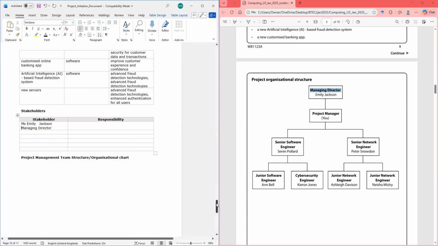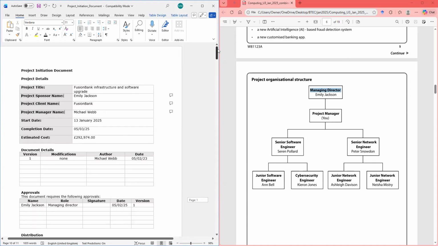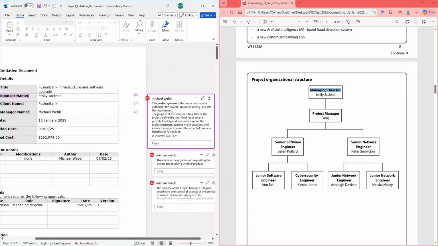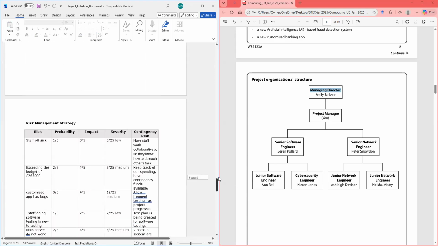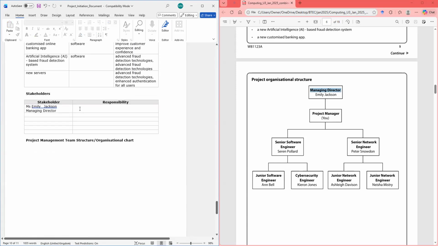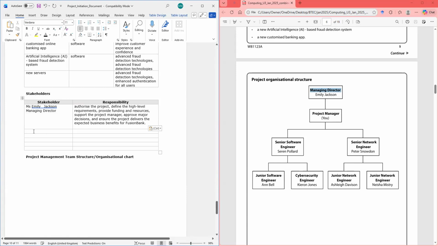And as I did before, I put a little note up here. Emily. All right. So the responsibility of Emily. Just pasting it there. Purpose of, and the next one would be project manager.